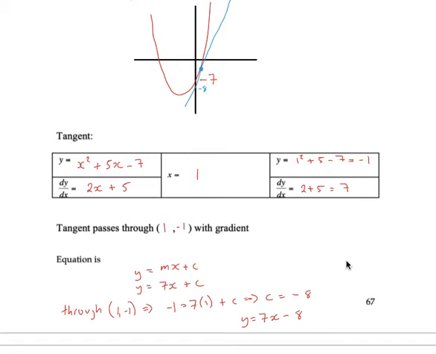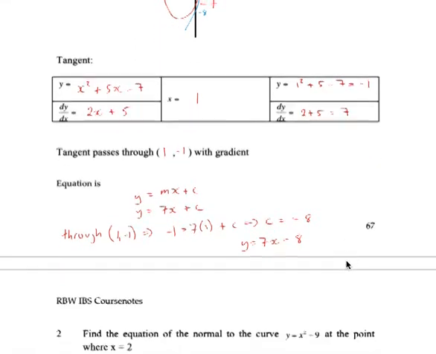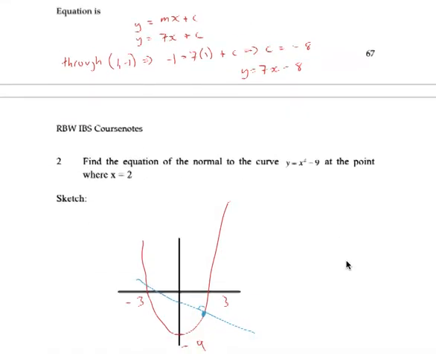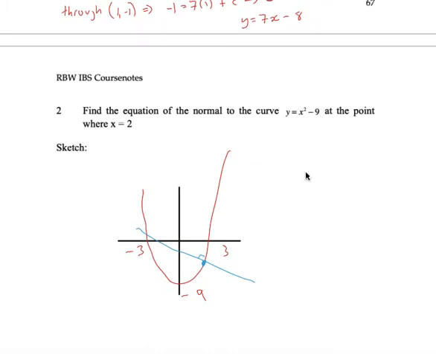To find the equation of a normal, which is a line at 90 degrees to the curve, we do almost exactly the same thing. So in this case, I've changed my equation to y is x squared minus 9, and I want to find the equation of the normal when x is 2.